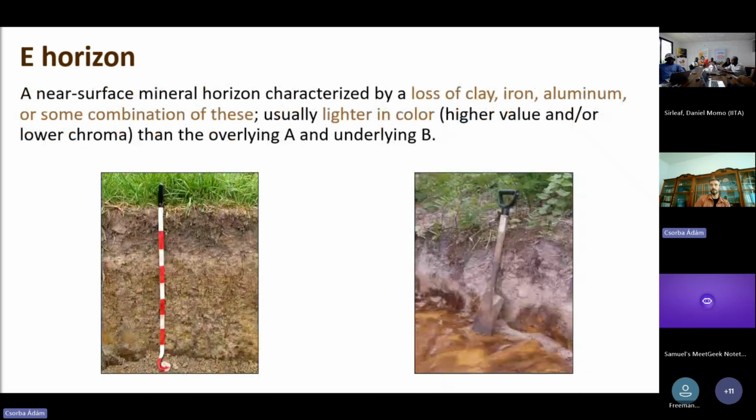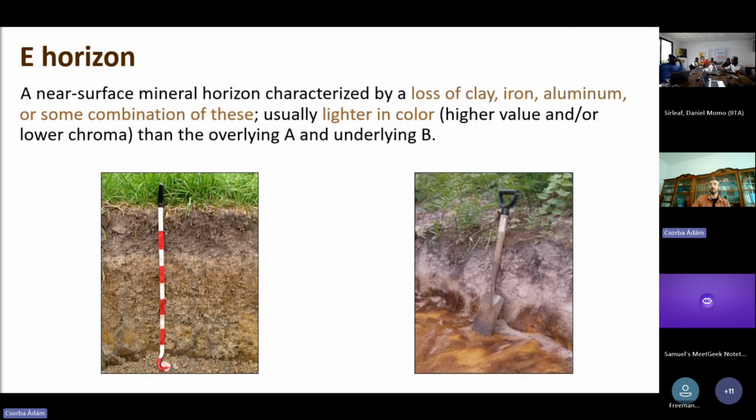E horizons. E horizons are near-surface mineral horizons, but unlike the A horizons, they are not defined by organic matter content. Instead, they are defined by loss, material loss.